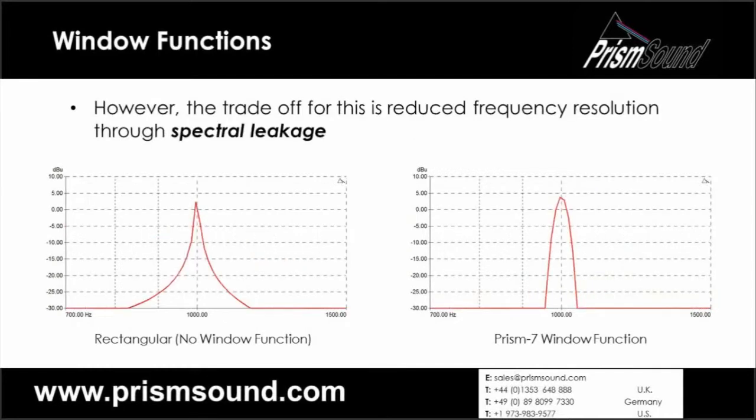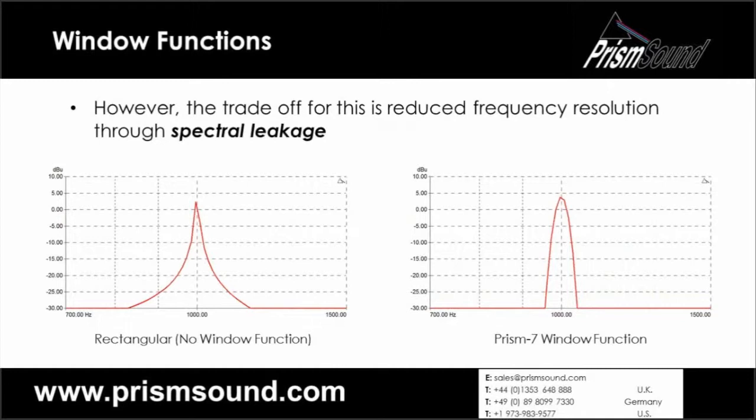But this improved dynamic range does come at a price. It's a trade-off for spectral leakage. What I've got here in these two diagrams is exactly the same signal and setup, but I've zoomed in a lot on the actual signal peak itself.